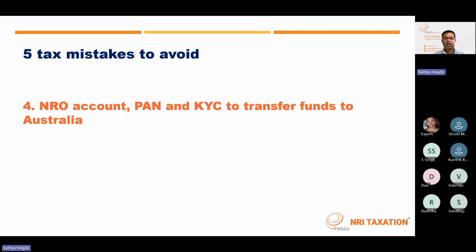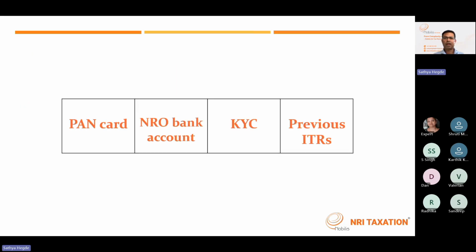A couple of points I would like to touch upon here are about NRO accounts, PAN, and KYC. These are simple, basic stuff, and now eKYC has also been approved. The processes are getting much simpler, and clients are finding it much easier to sell properties in India.